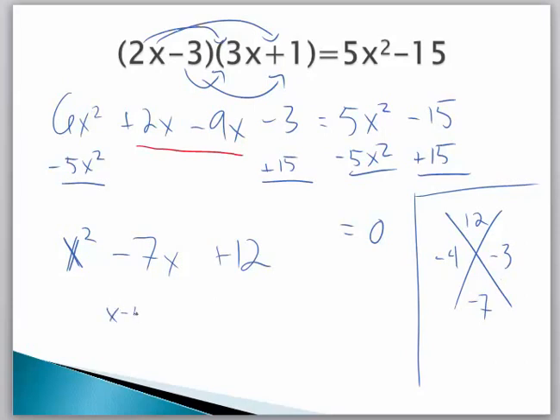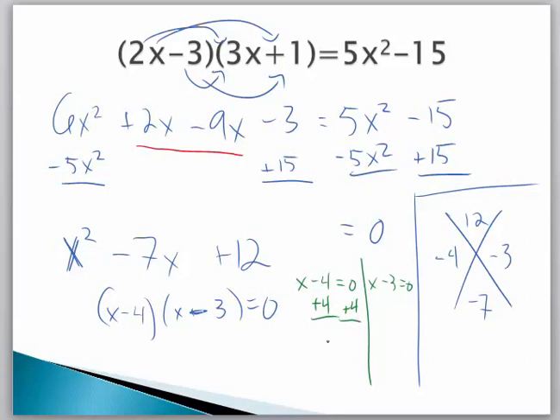So I factor: x minus 4, x minus 3 equals 0. Use my zero product rule, set each to 0, x minus 4 equals 0, x minus 3 equals 0. And my two solutions are positive 4 and positive 3.